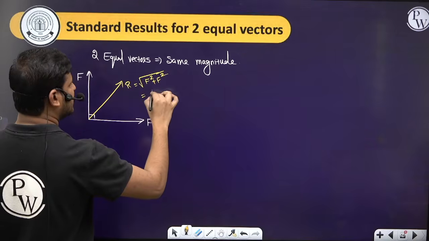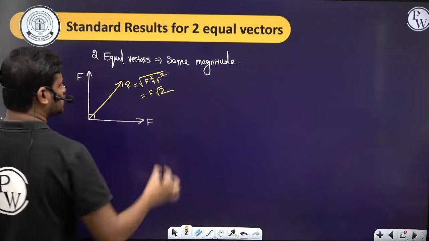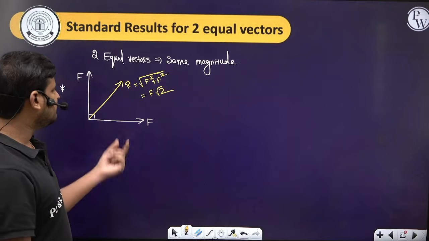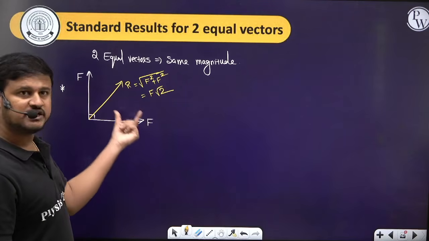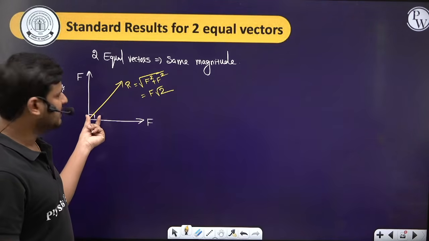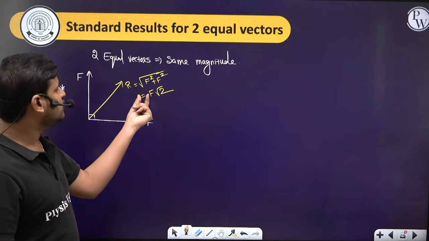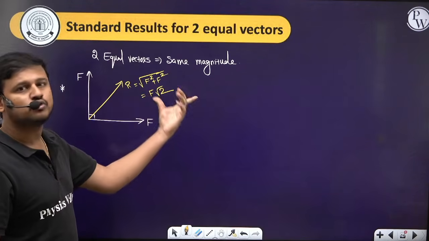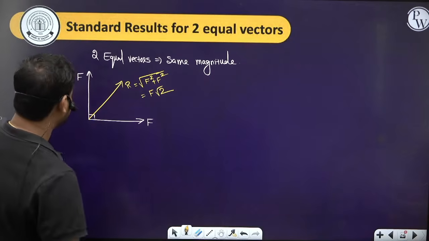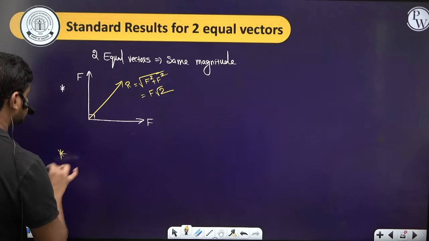If you take F square out, it is F root 2. So blindly you can consider, whenever two vectors have the same magnitude and the angle between them is 90, then the resultant is going to be that magnitude into root 2. So F root 2. That's the first standard result you should remember.